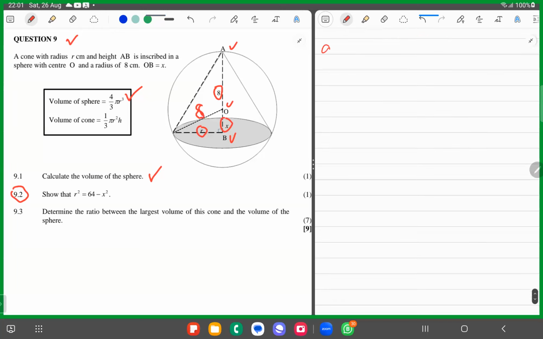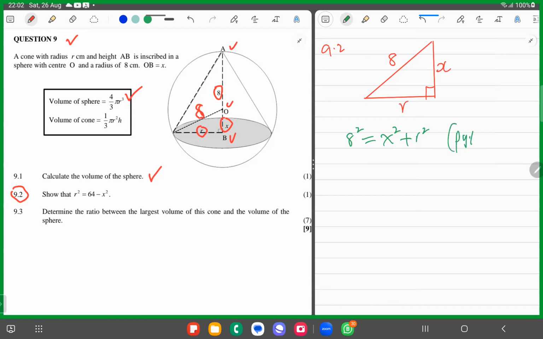So in 9.2, you know that you have something like this, a right angled triangle. Which means 8 squared is the square on the hypotenuse by Pythagoras theorem. It is 8 squared is x squared plus r squared.